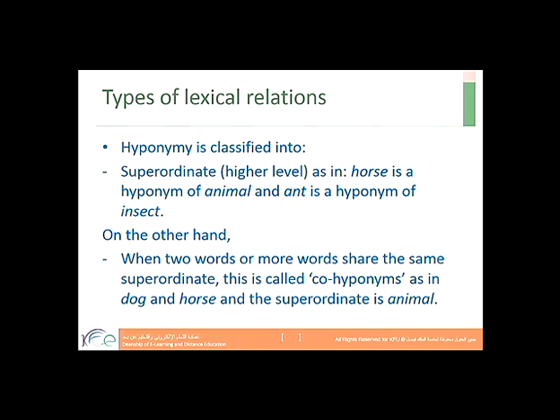So superordinate is what is located at the higher level, and hyponym is the part. It's not the main thing, or the whole, it's the part.